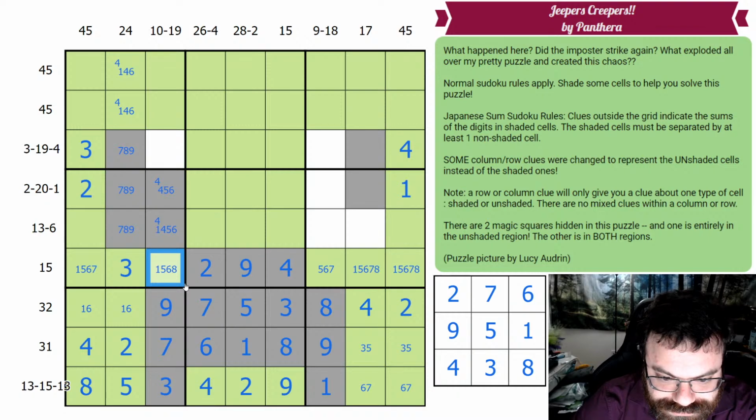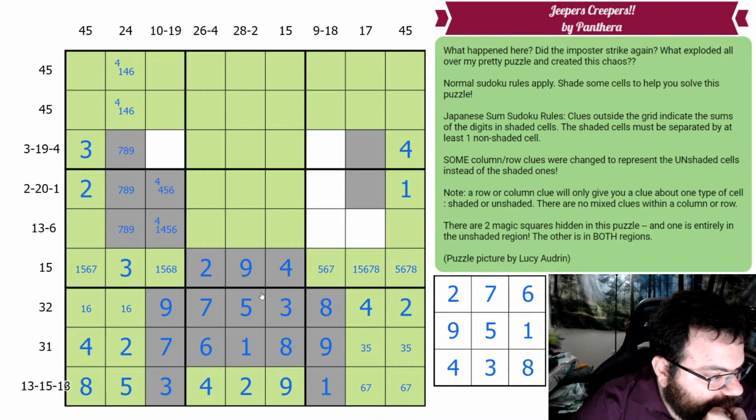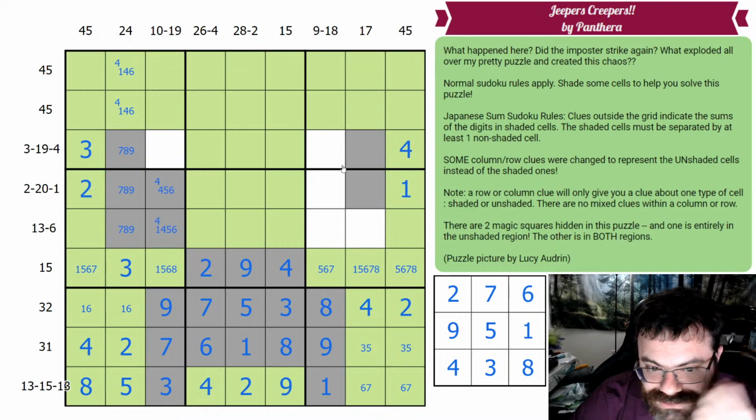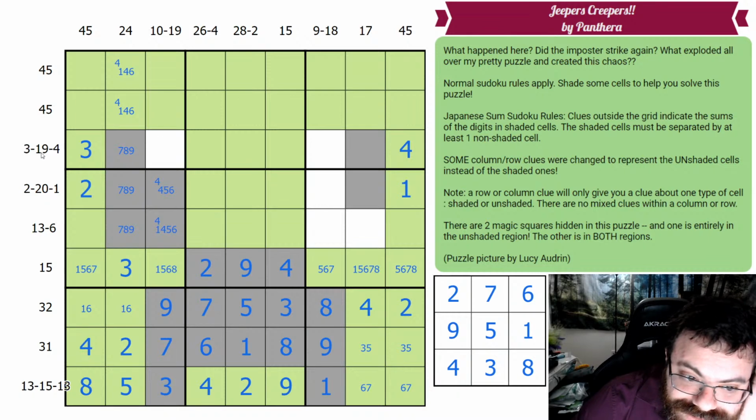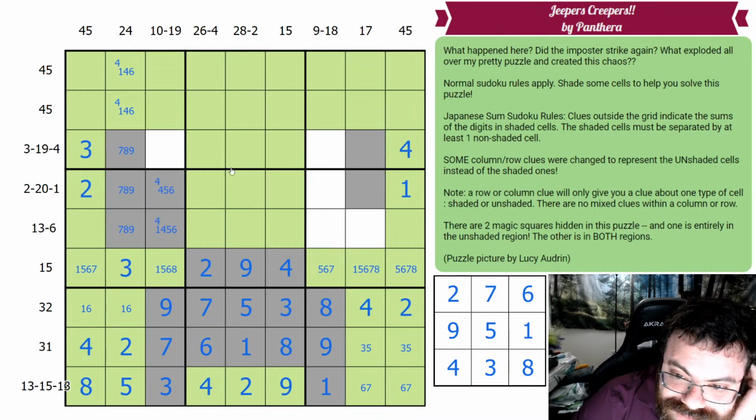This isn't 7. It's not 1. We either need to find the other magic square or we need to complete one of these sums that we haven't completed.